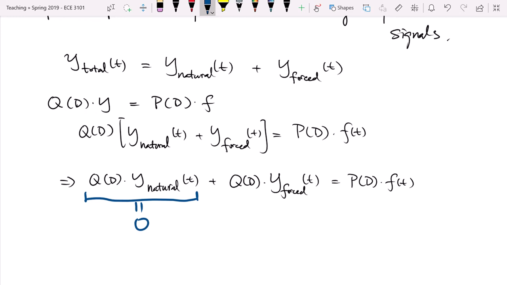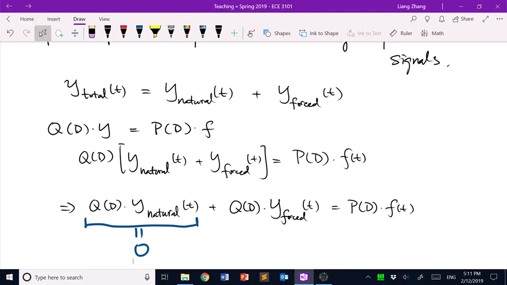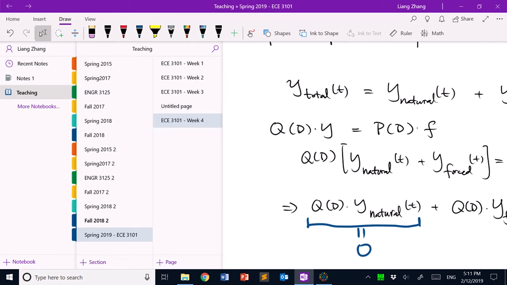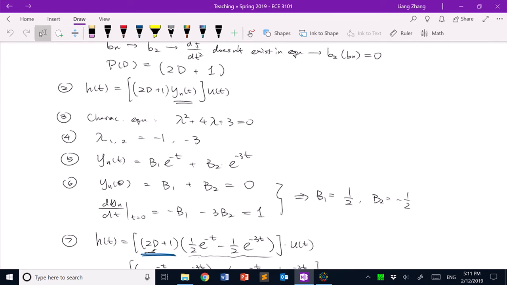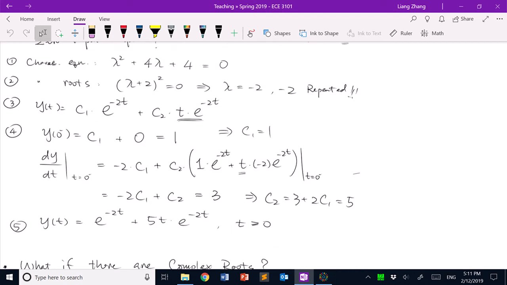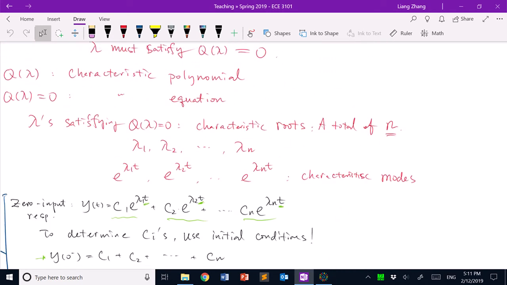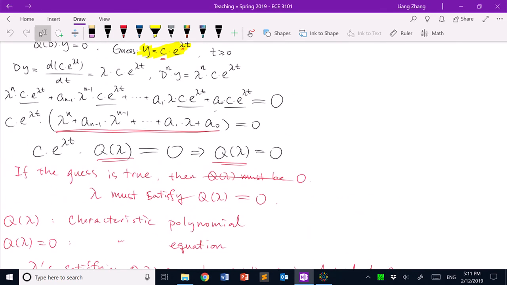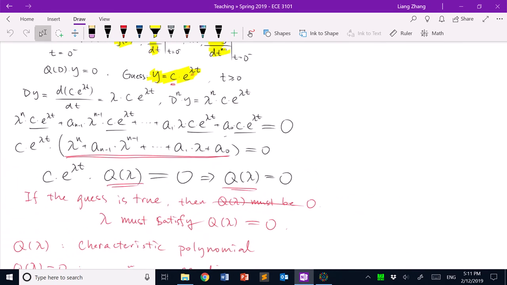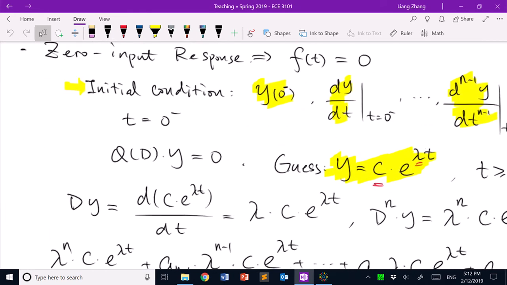The reason it's going to be 0 is because the natural response will only have characteristic modes. And where did we see the characteristic modes in the first place? We saw them in the zero input response. And where do we calculate the zero input response? If I go back to the lecture notes, we'll be able to find out. It is right here, which is where I'm highlighting.